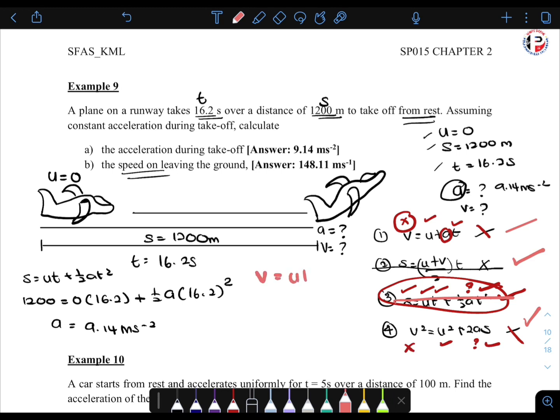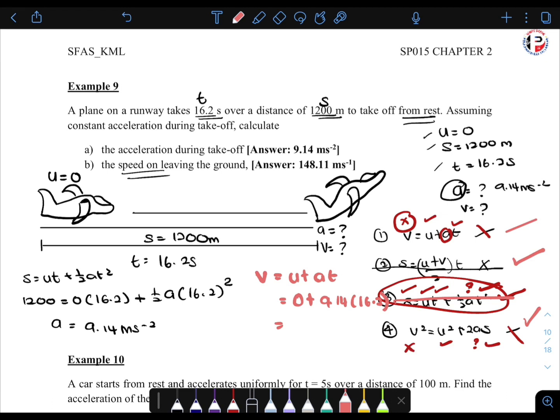So let's say kita pilih equation yang pertama, V equals U plus AT. U kita kosong, and then A is 9.14 multiplied by 16.2. And then tekan calculator.